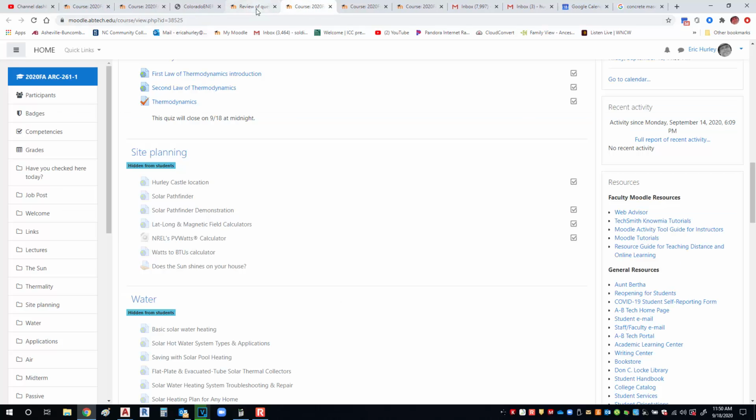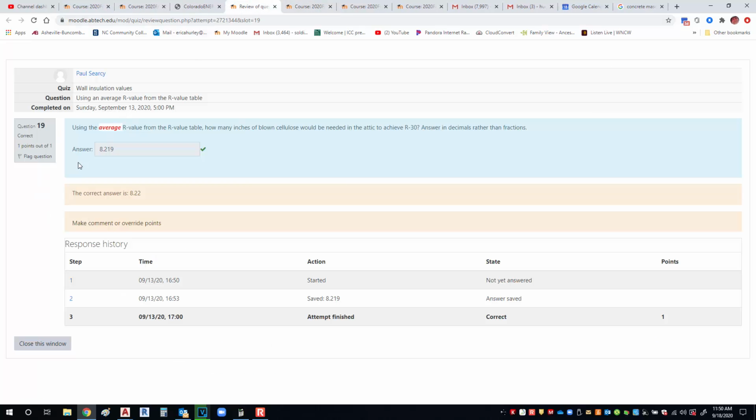Let's see. This last one. Using the average R value from the R value table, how many inches of blown cellulose would be needed in the attic to achieve R30? All right. So average, put that in red there, of blown cellulose.